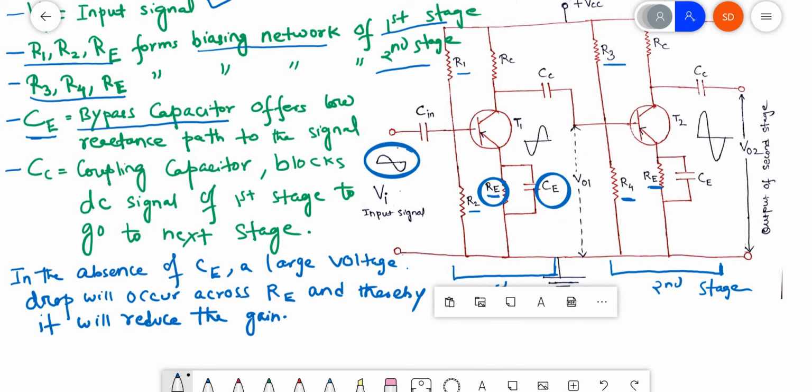That's why Ce is provided, because it provides a low reactance path to the AC signal.